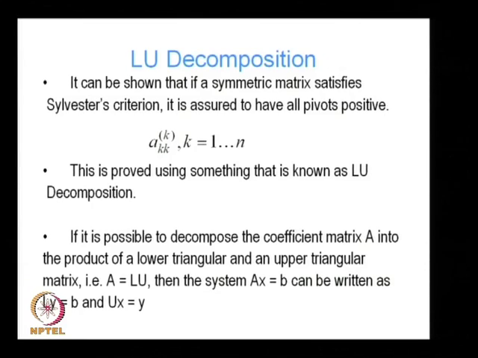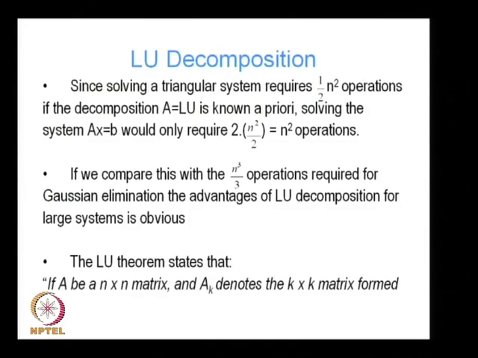Similarly, solving the system Ux equal to y requires another n square by 2 operations. So, the total number of operations is 2 times n square by 2, which is n square. This of course assumes that the decomposition of A into LU is known beforehand.